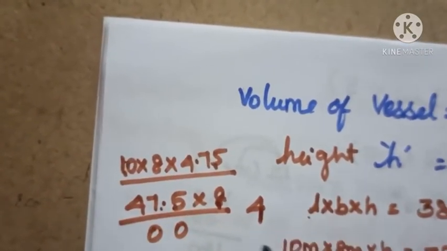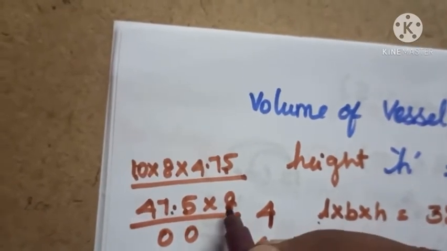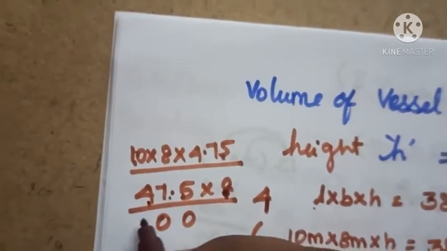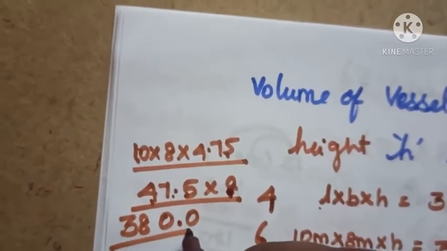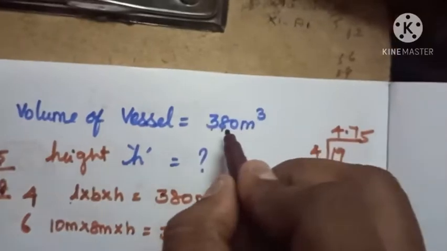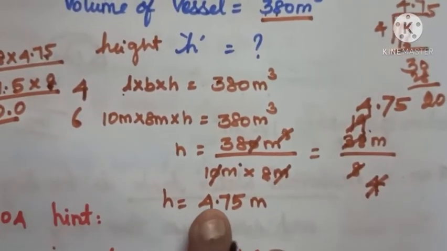Remaining 6, and then 8 4s are 32, 32 plus 6, 38. Only one decimal point, so 380. Already in the given values the volume contains 380, so the height of the cuboidal vessel we found is correct.